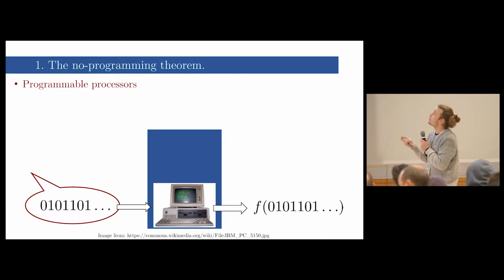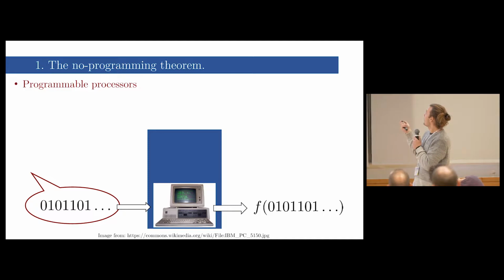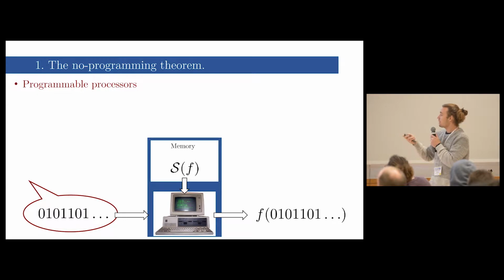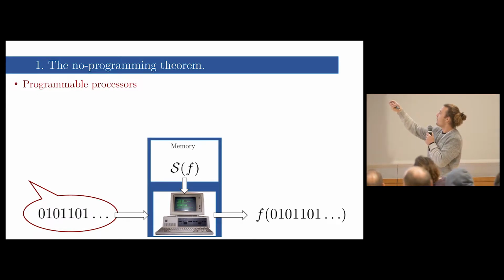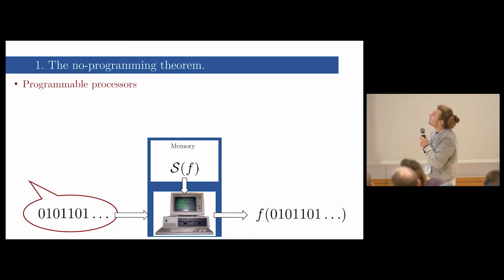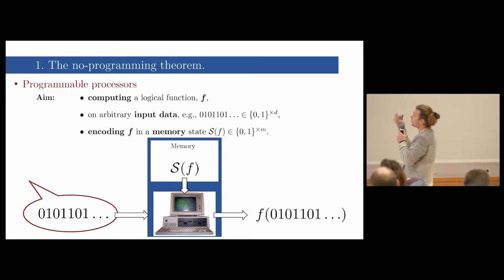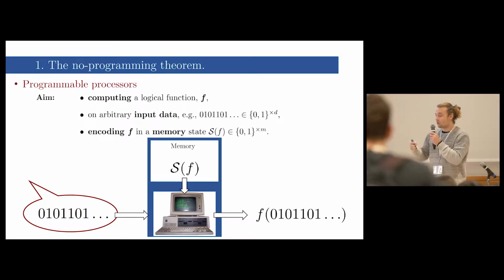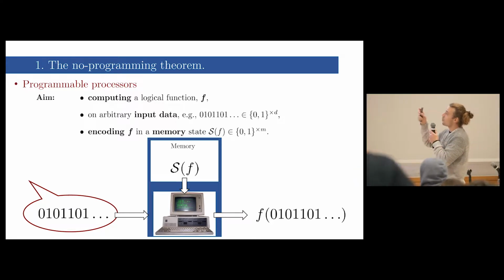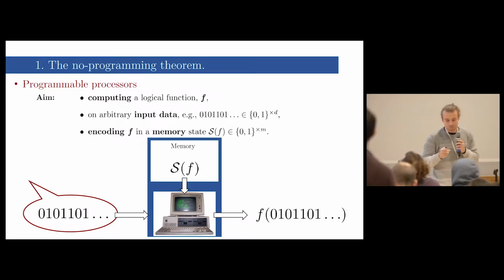Now the term programmable comes into this picture, requiring that we must be able to program this function f in some memory of our machine, and feed this information to our circuit as another input of the computation. So, to resume, what a classical programmable processor does is compute some logical function, a program, on an arbitrary input data, and we require that we are able to encode the information about this program we want to apply in some memory of our machine.